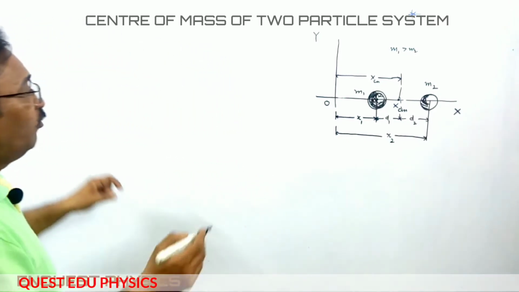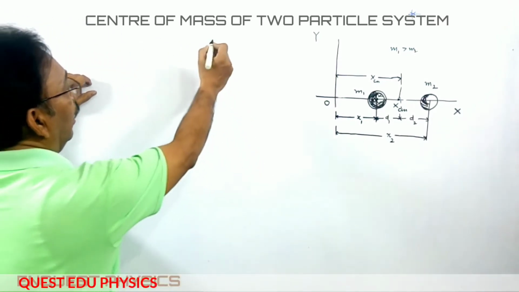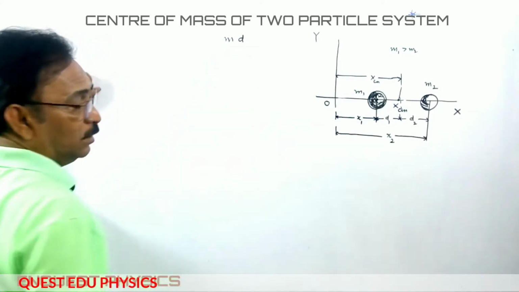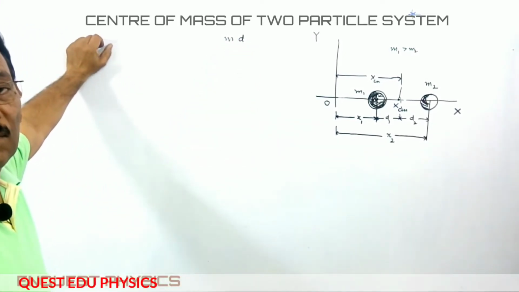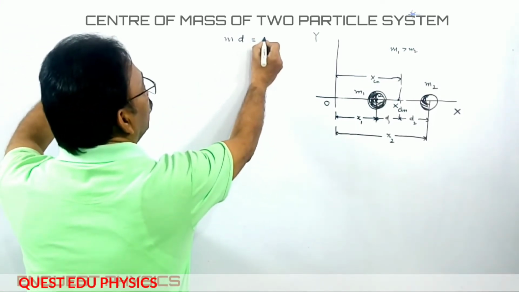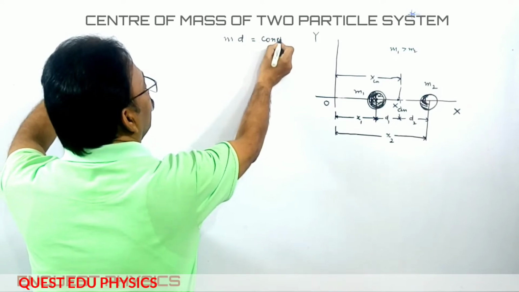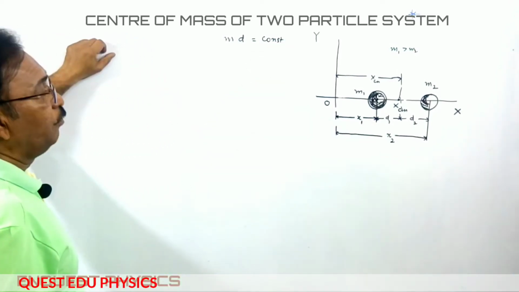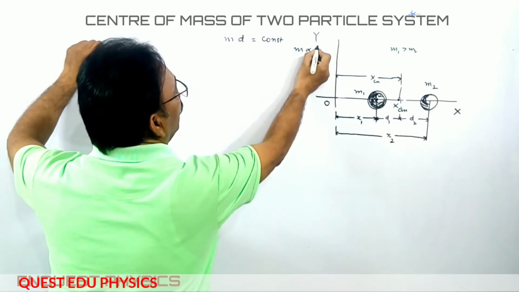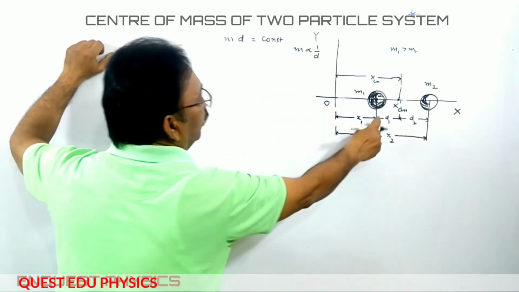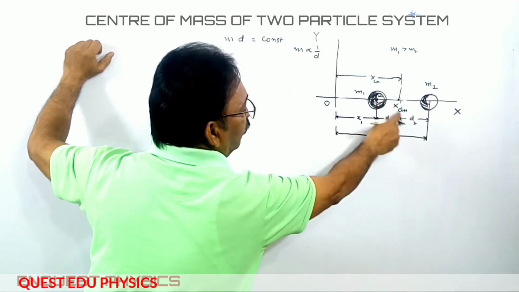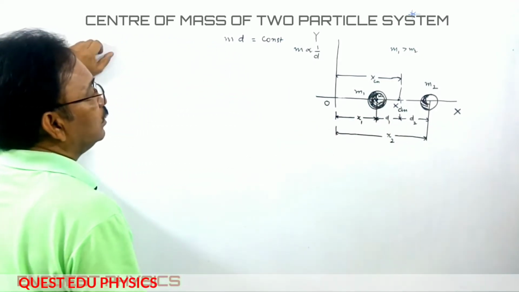Moments of the mass, students. Actually, the moment of mass can be written as m into d. Okay, students, m into d is equal to constant. The actual relation is: mass is inversely proportional to the distance of the center of mass from the body.